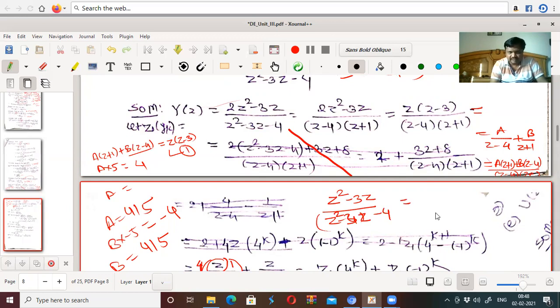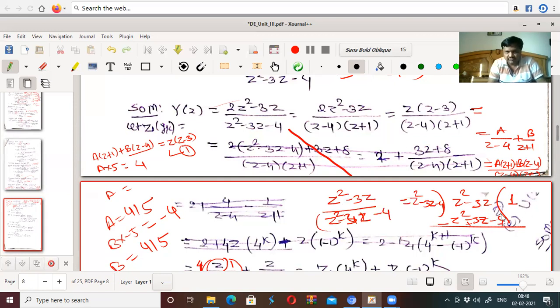You have to take like this: z square minus 3z minus 4 into z square minus 3z and take division, z square minus 3z minus 4, and you have to take minus plus minus z square minus 3z, that is 1.